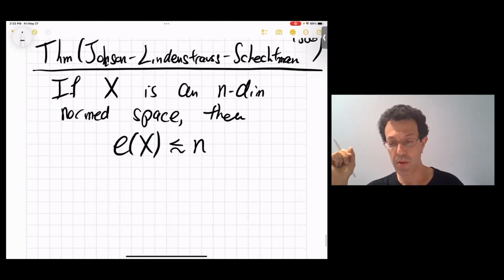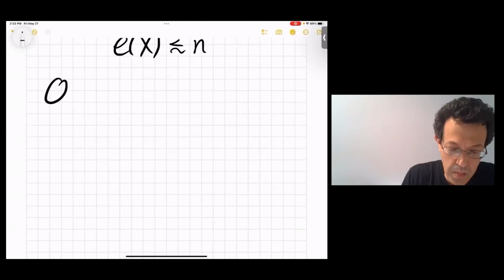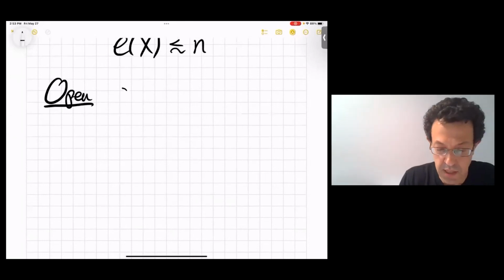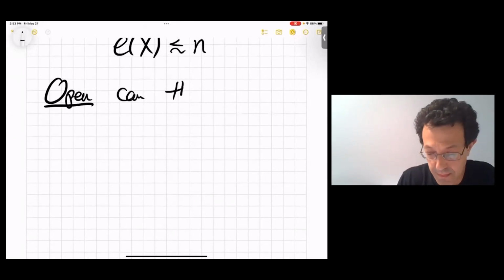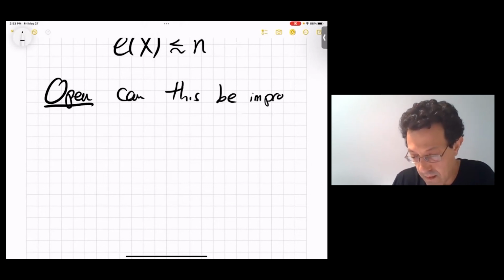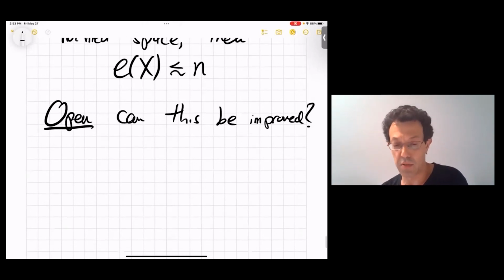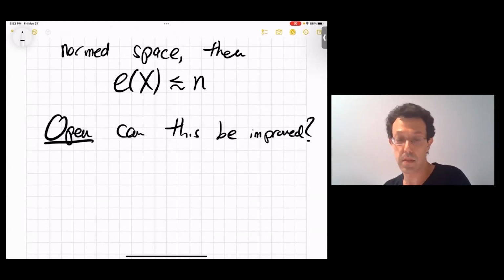So this 1986 result, a great open question is, I have no idea, can this be improved? Can you get this to little o of n? I have no idea, an absolutely wonderful open question about n-dimensional normed spaces.